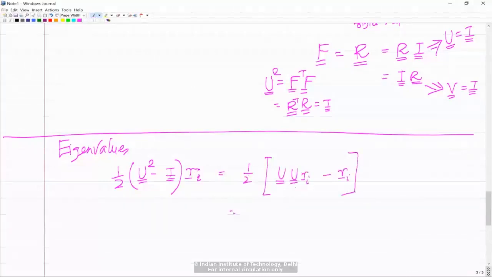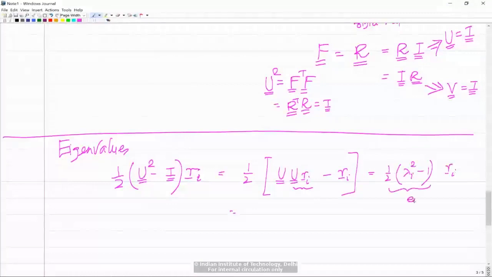But u times r i is lambda i into r i, and then you have another u multiplied, so you get lambda i square into r i. So finally this becomes half lambda i square minus 1 into r i.